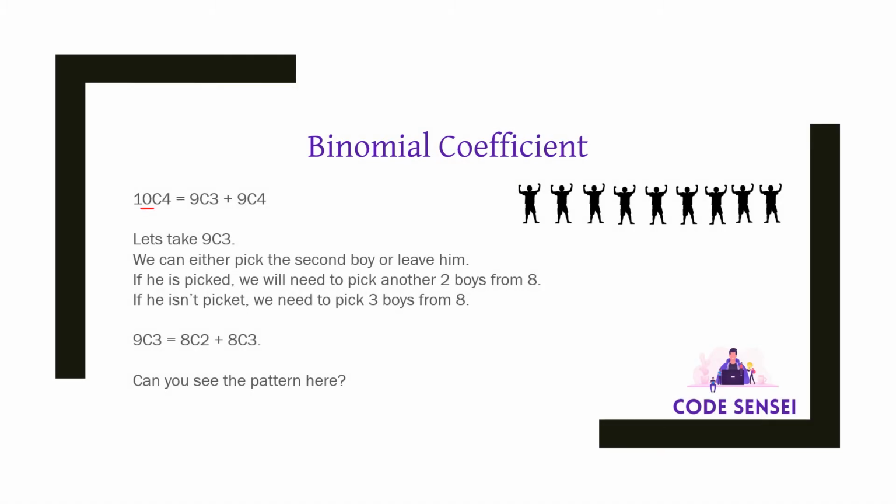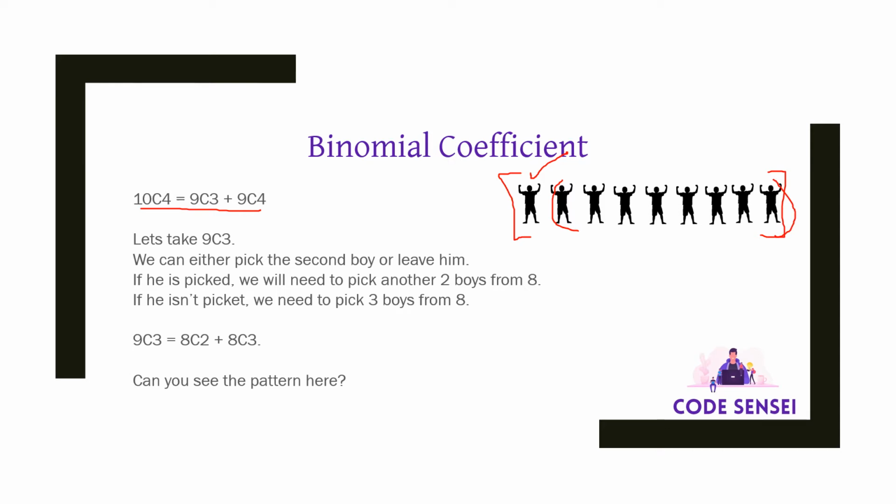So this is the formula that we got for picking 4 from 10 boys. Now let's take the problem of picking 3 boys from 9 boys. We can either pick the second boy or leave him, because we have excluded the first boy. If he is picked, we will need to pick another 2 boys from the remaining 8.